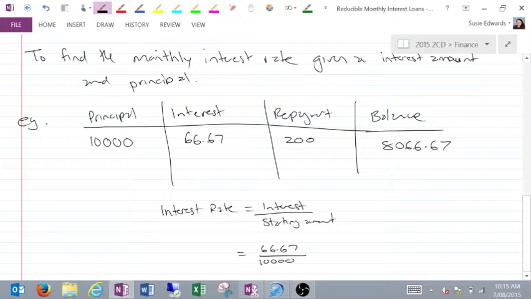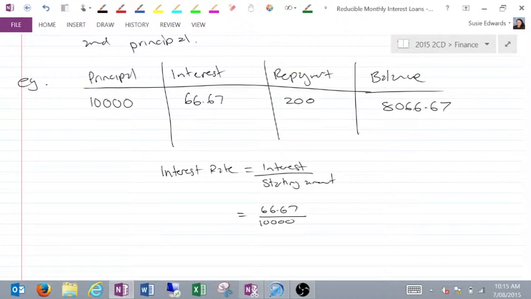Okay, which ends up being 0.006667. All right, now, what does that actually mean?